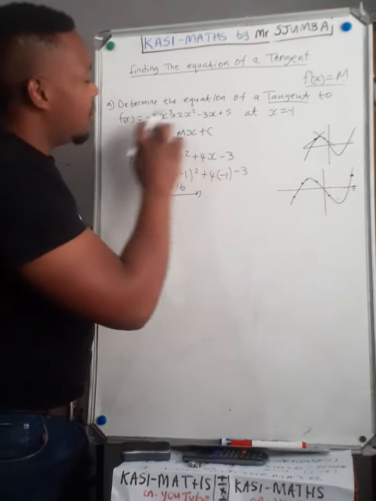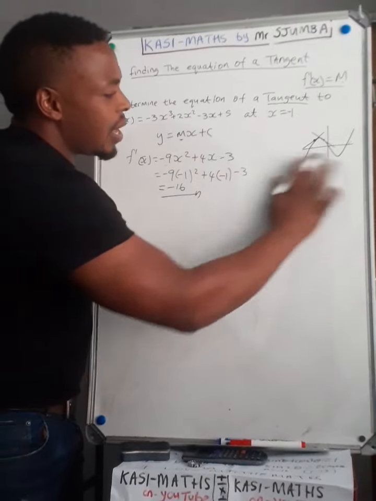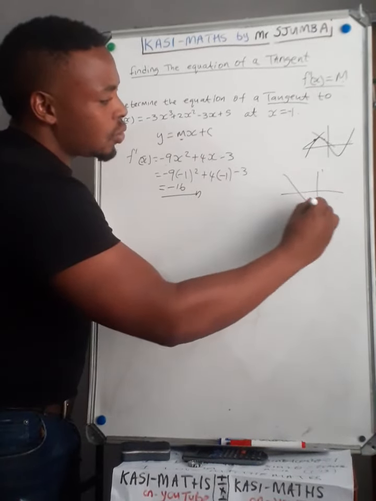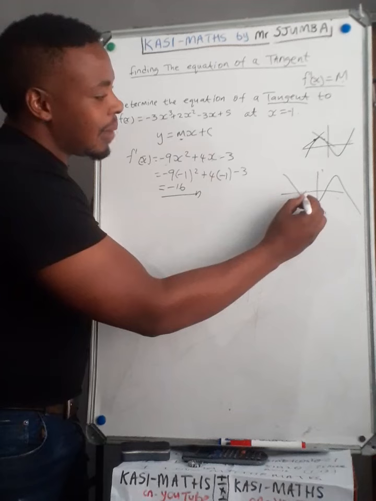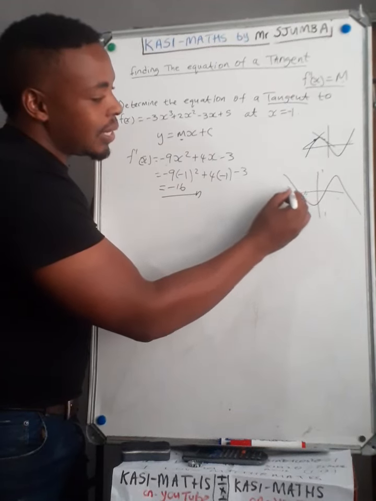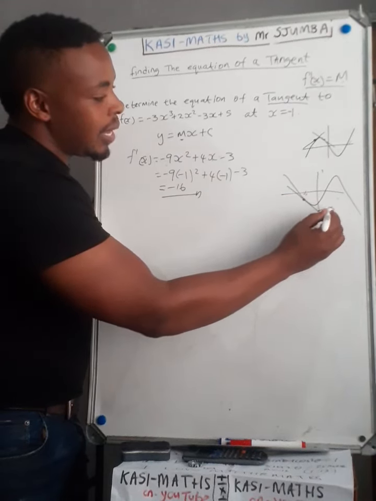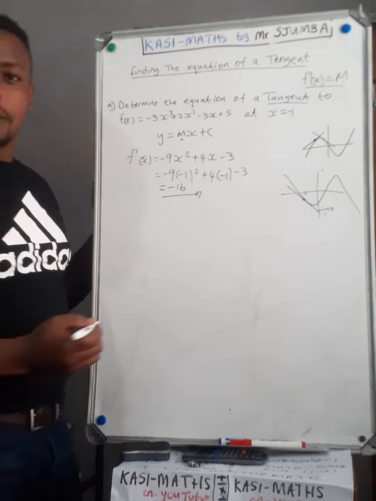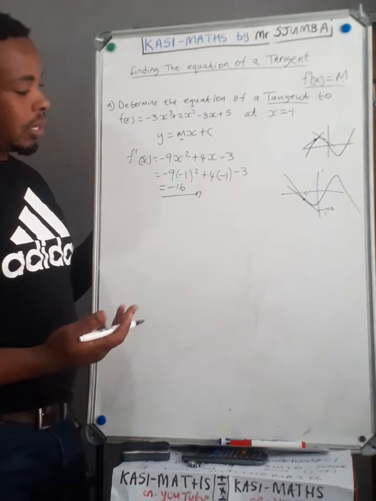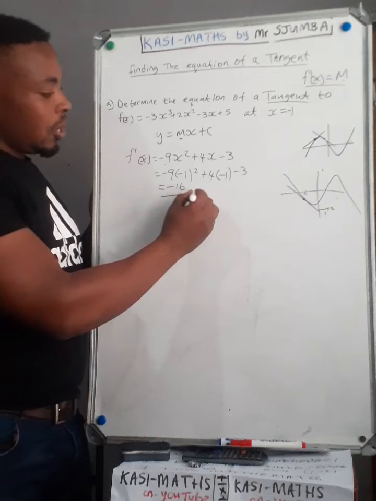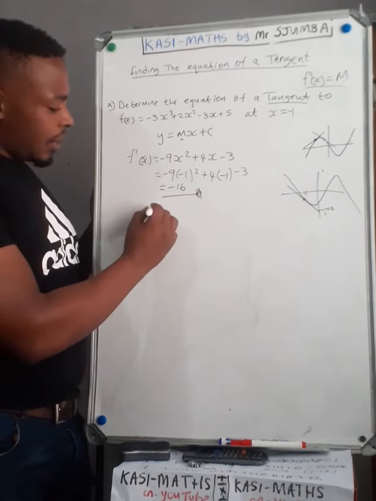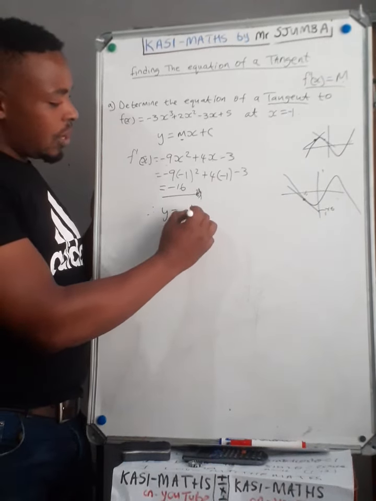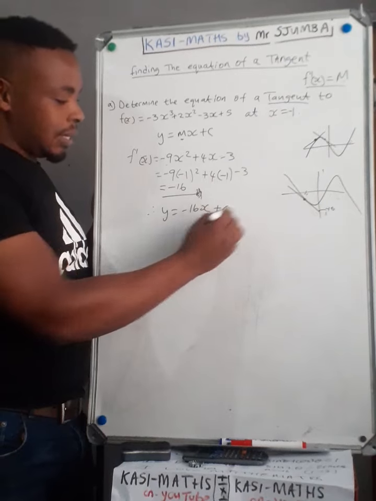So this is a negative gradient. I'm just drawing here for this sketch. Therefore we can say y equals minus 16x plus c.